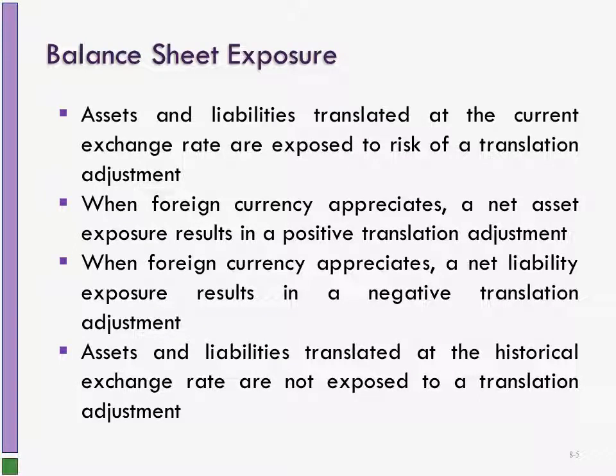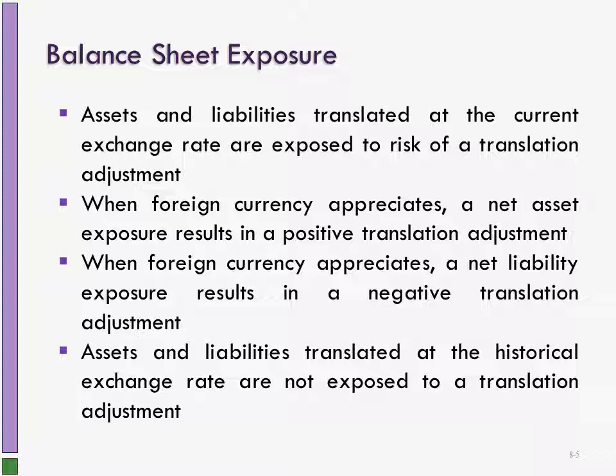Balance sheet exposure. As exchange rates change, assets and liabilities translated at the current exchange rate change in value from balance sheet to balance sheet in terms of the parent company's reporting currency. Then these items are exposed to translation adjustment. But balance sheet items translated at the historical exchange rate do not change in the parent's currency value from one balance sheet date to the next.